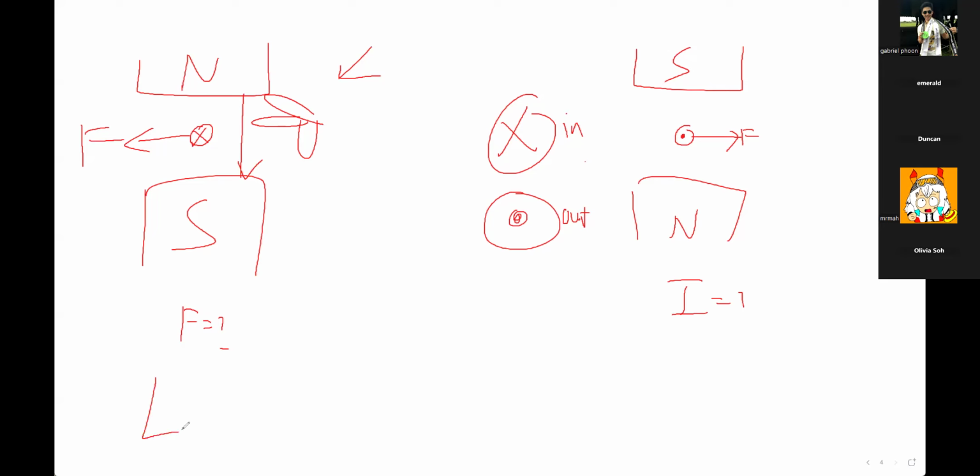Left hand, by the way. Then once you have your index finger pointing downwards, now the current is going in, so your middle finger should be pointing into the screen. Your middle finger is pointing into the screen and your index finger is pointing downwards. Your thumb should be pointing to the left, correct or not?